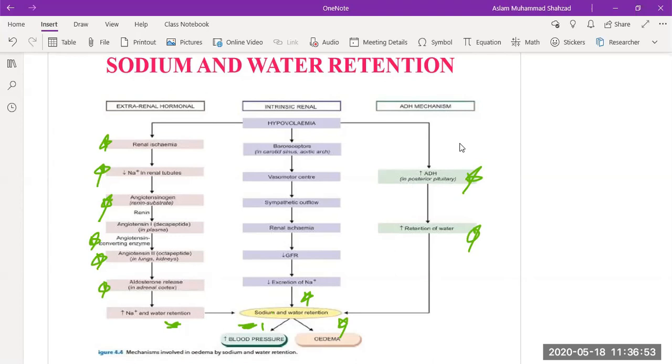This will be the extrarenal hormonal mechanism, because the hormones play an important role in retention of sodium.